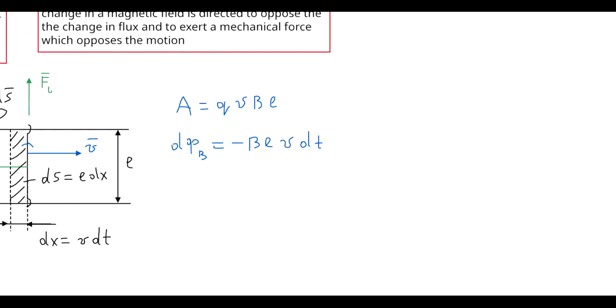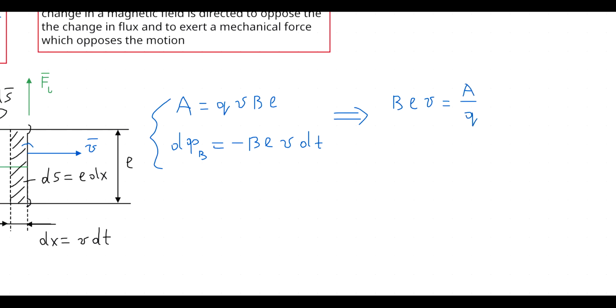Okay, so we have obtained a system of two equations, and what to do with them? We can make some algebraic transformation, and from the first equation, we have BLv is equal to work divided by electric charge.